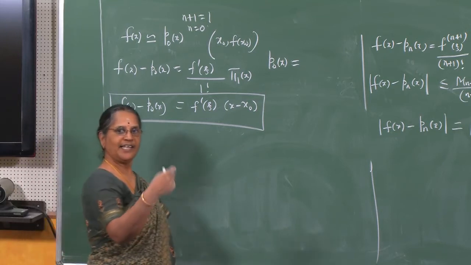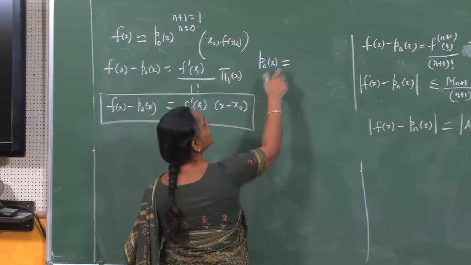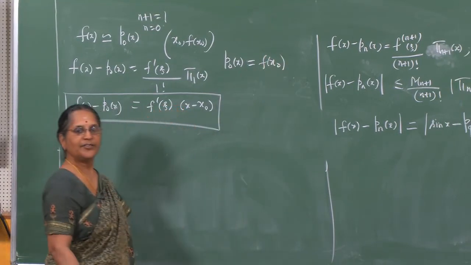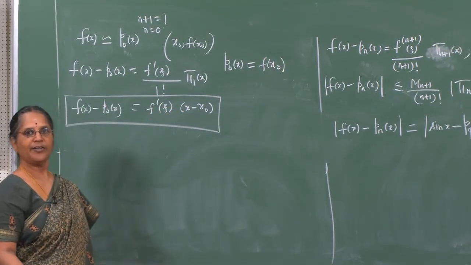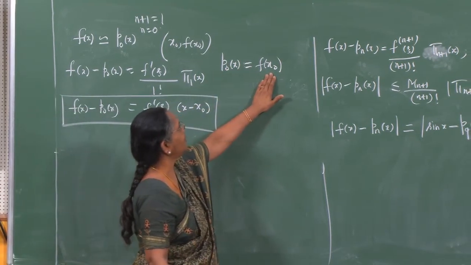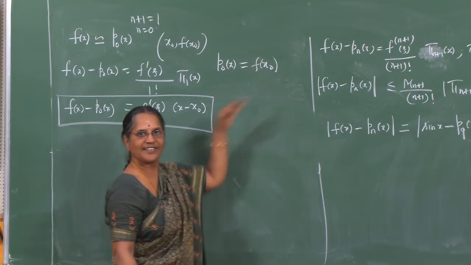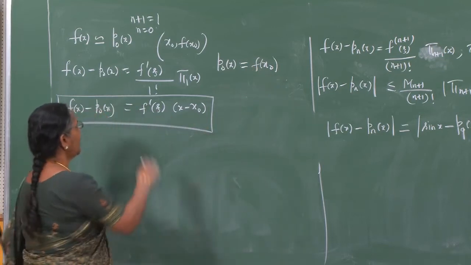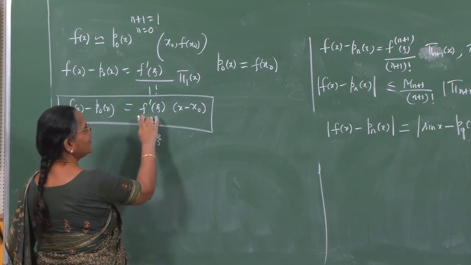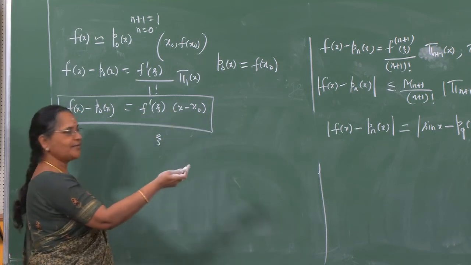So, its property is such that p naught of x naught must be equal to f of x naught. So, it is a constant polynomial which is given by f of x naught. So, where does psi lie here? Psi lies in the interval x to x naught.